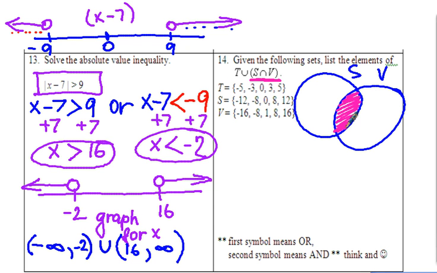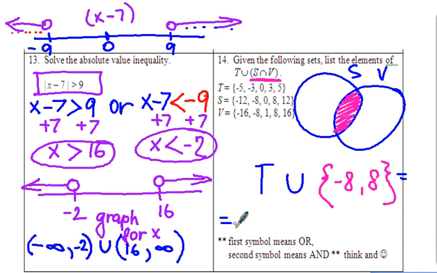So the elements that are in S and also in V. That's it. And there are only two such elements, and that's -8 and 8. And now we will continue. We will be looking for set T union this answer from the first part.